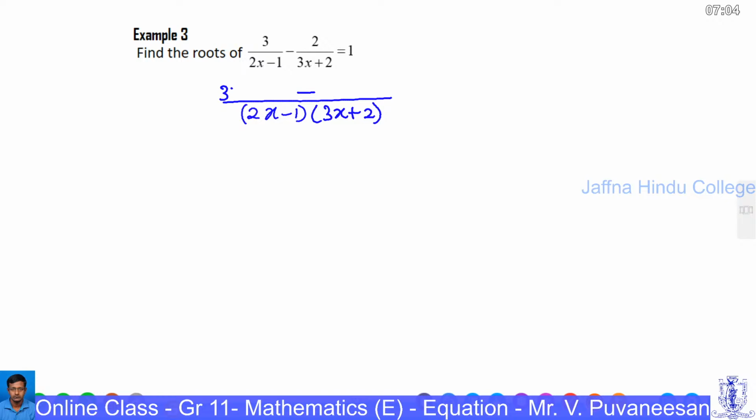In here there is no 3x plus 2, so we multiply the numerator 3 into 3x plus 2. In here 3x plus 2 is there, so we need 2x minus 1, there is no 2x minus 1, so we multiply by 2x minus 1.